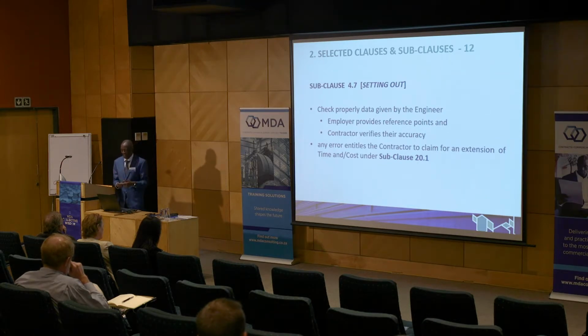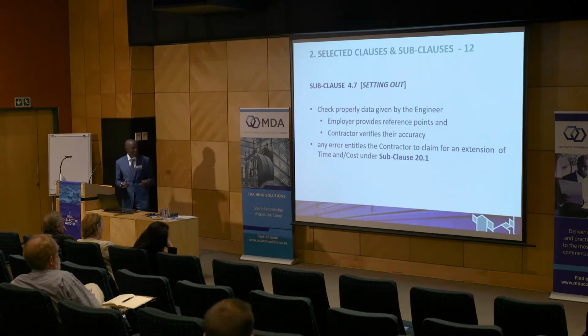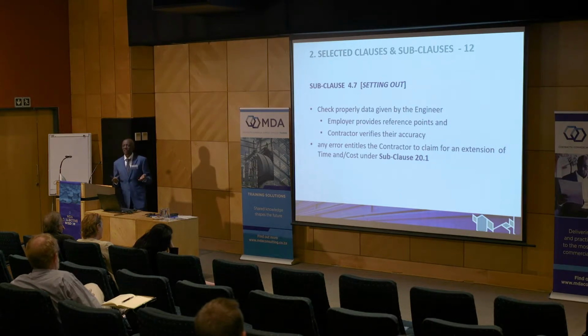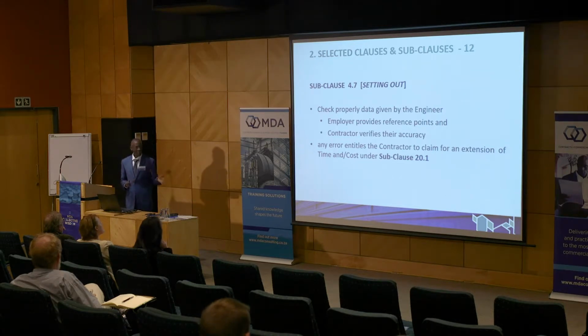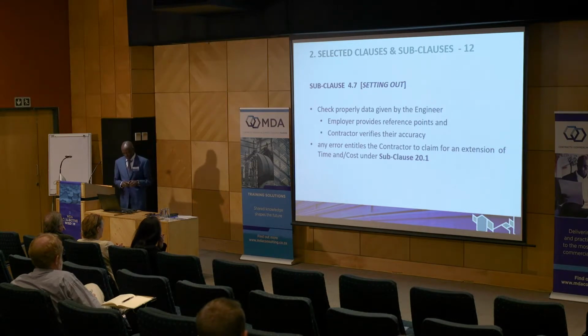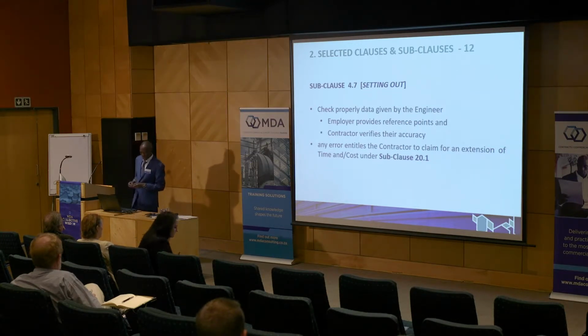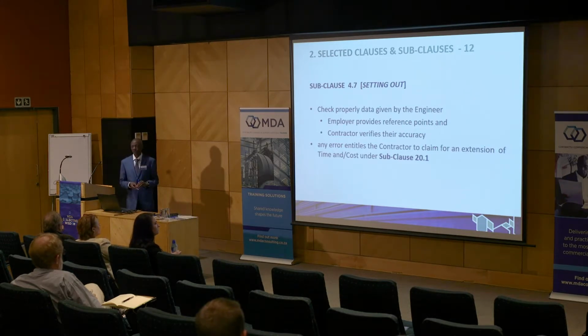This is very, very important: check the accuracy of the documents given. The good thing is that for a prudent contractor, if you check and find any error, this entitles the contractor to claim for extension of time and cost. However, again, this is subject to subclause 20.1 of the contract.